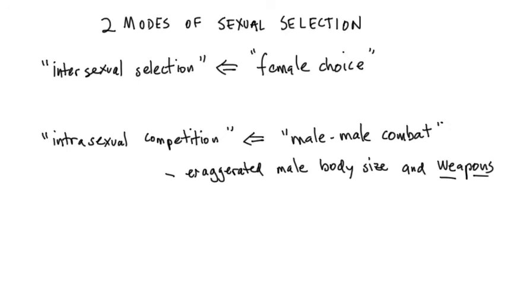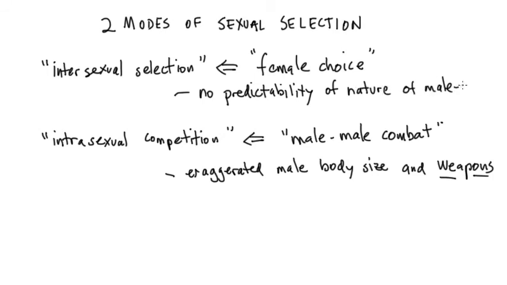You should note that in contrast to male-male combat, where the males are all about size, strength, and weapons, with female choice-driven sexual selection, there's no predictability about what kind of male characteristic becomes the criterion for judging. Birds have feathers, of course, and we know how feathers can be made flashy with pigments.